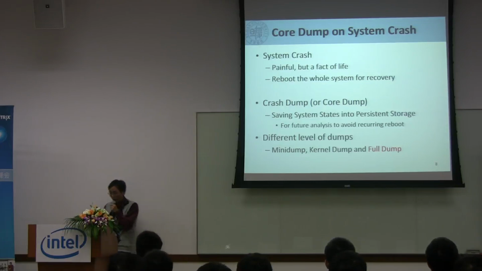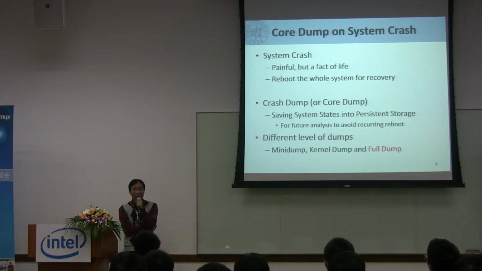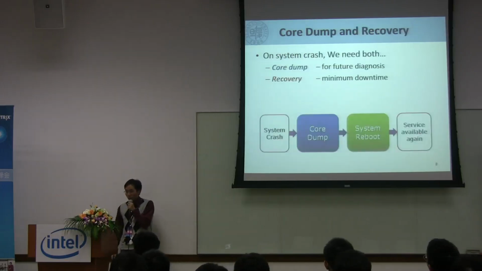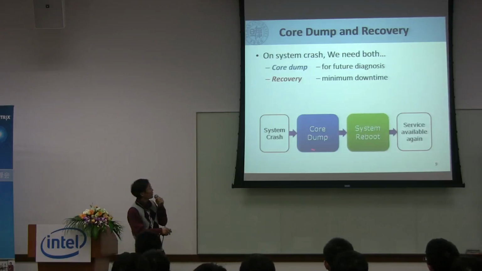As has been talked about by Zhigang, crash dump is a default tool in Xen's environment. But the problem is that the crash dump and the system reboot are serialized.